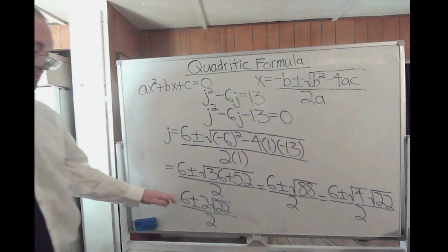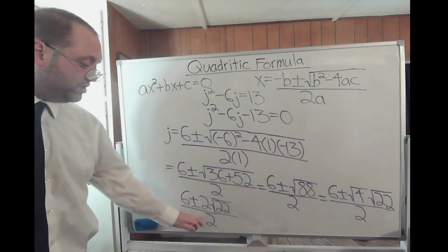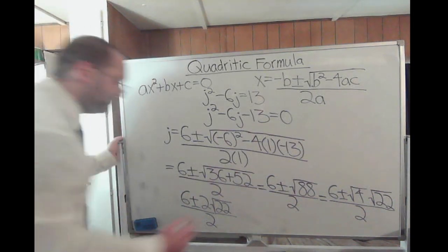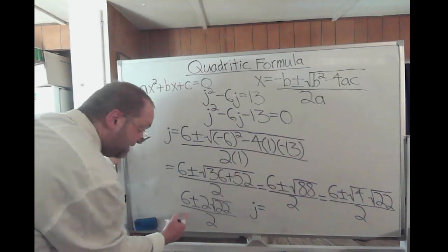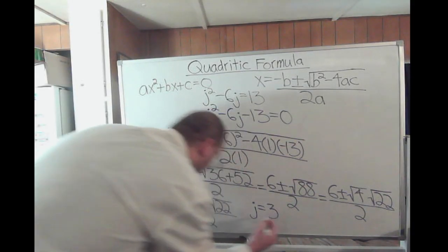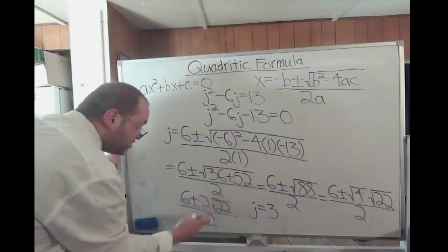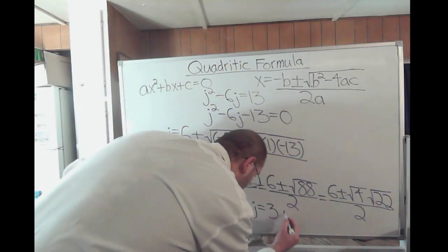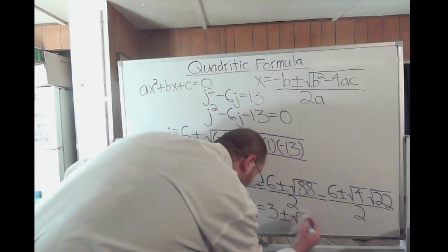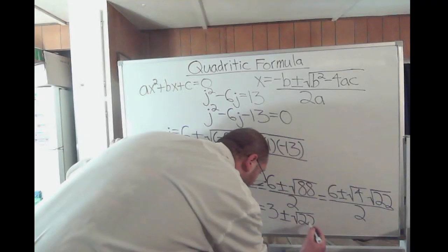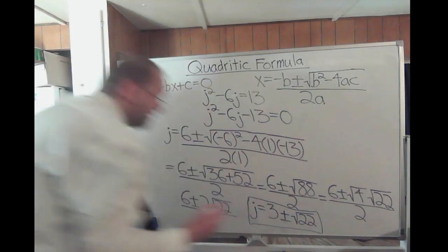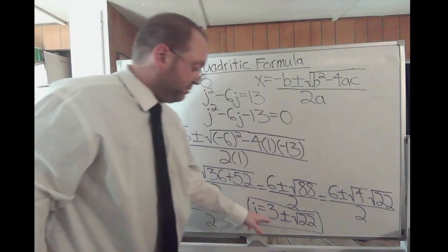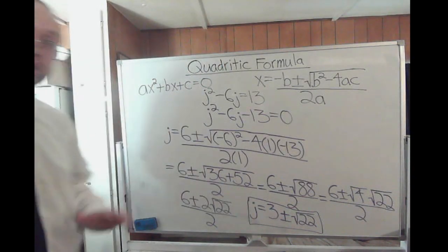But do we notice between both terms in the numerator, you can divide out a common 2. So that means j is going to be equal to 6 divided by 2, which is 3, and then 2 times the square root of 22 divided by 2, this is going to be plus and minus the square root of 22. So you have two answers really for j. j is equal to 3 plus and minus the square root of 22.